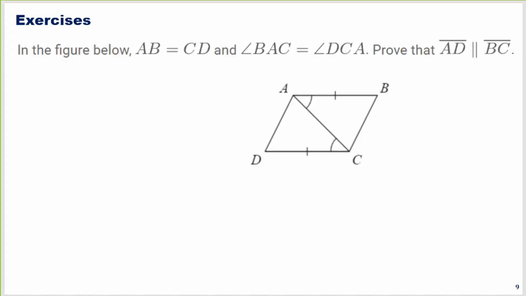Again, I'll give you 1 minute to think about that, and we'll have a look at the solution together. So you need to use one of the testing theorems to prove two lines are actually parallel with each other, right? Either the corresponding angles are equal, or alternate interior angles are equal, or the same side interior angles add up to 180 degrees.